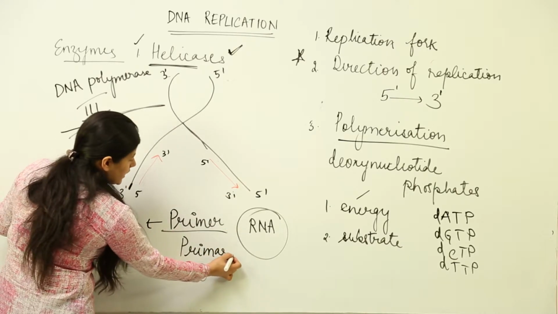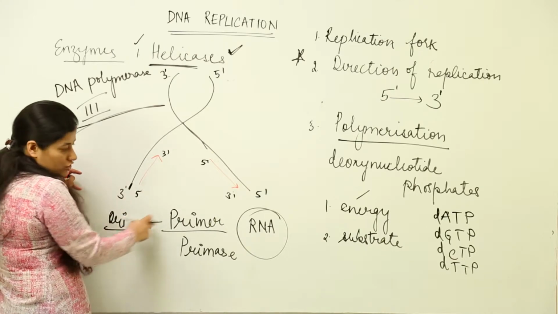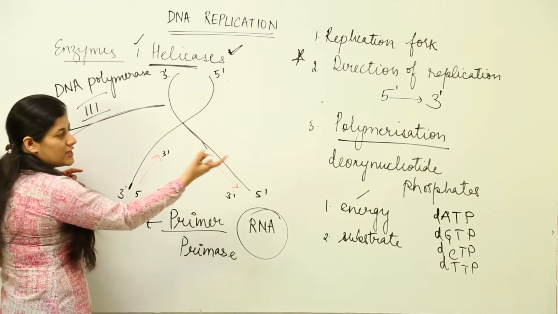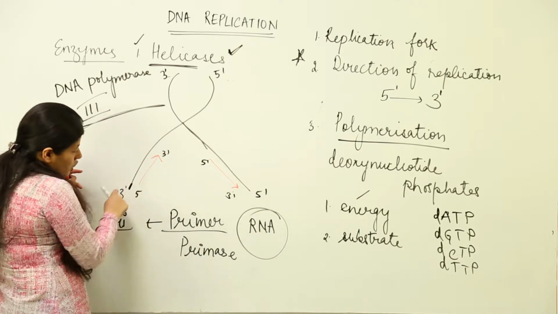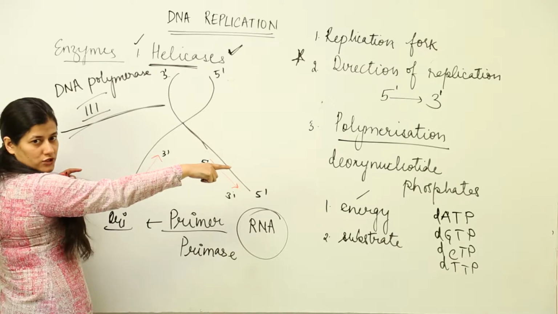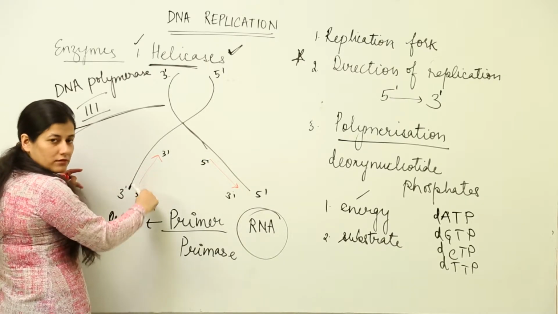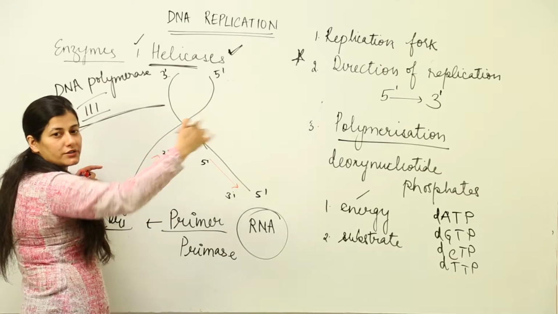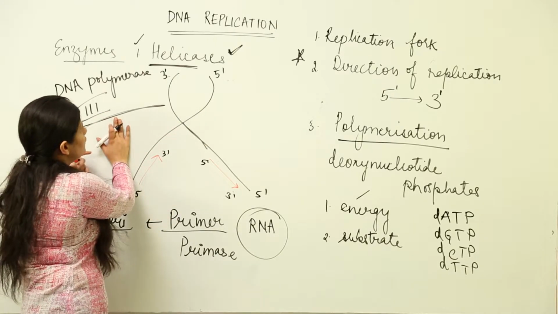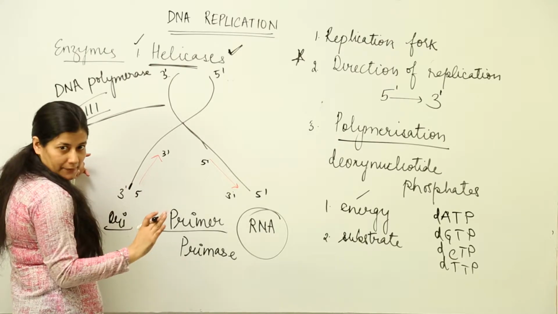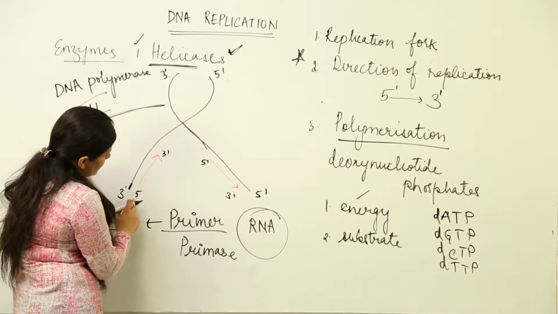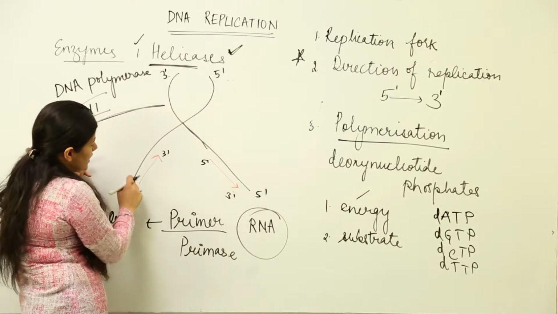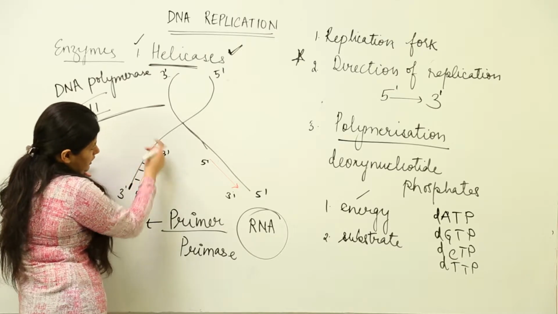It helps in identifying the origin of replication by the RNA primer, and from there on DNA polymerase keeps on bringing, one by one, the complementary deoxynucleotide phosphate. It combines, a phosphate bond, that is a phosphodiester bond, is formed, and the polynucleotide chain extends in the presence of DNA polymerase 3. Okay, this is for the strand where the polarity is 3' to 5', because it would be complementary, so 5' to 3' would go on.